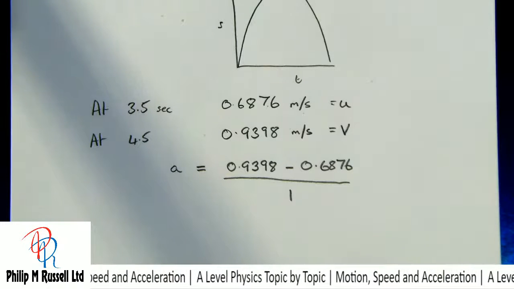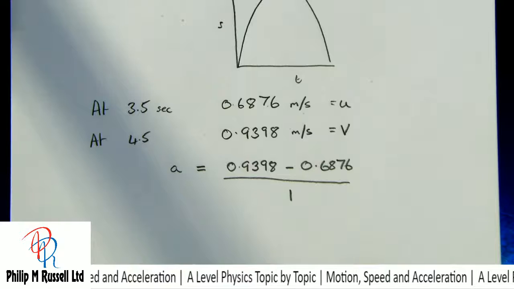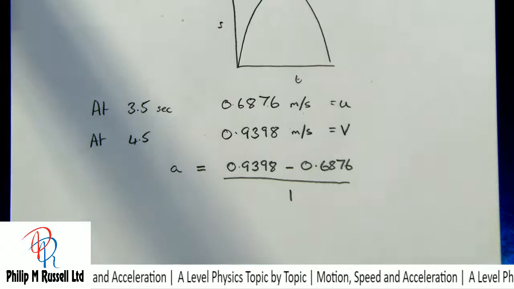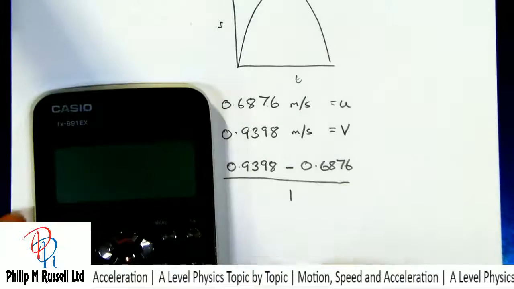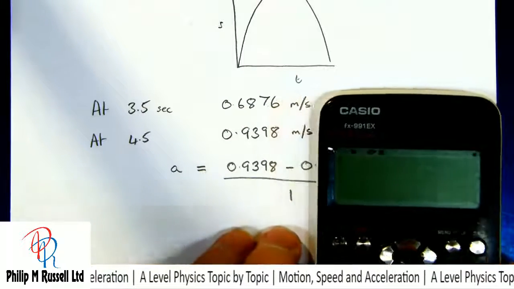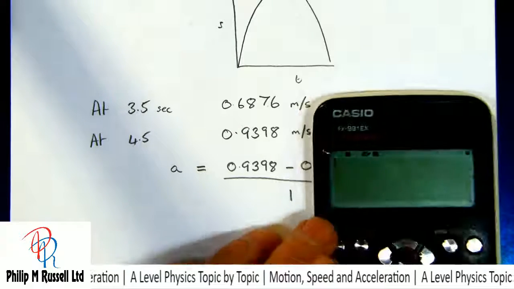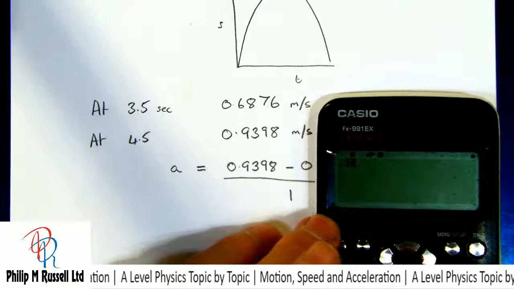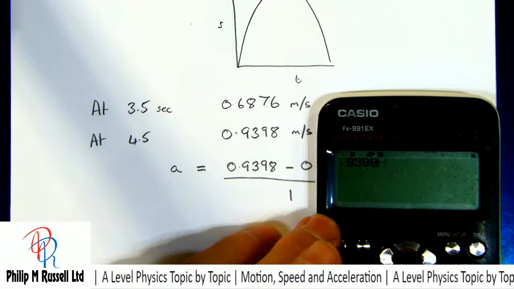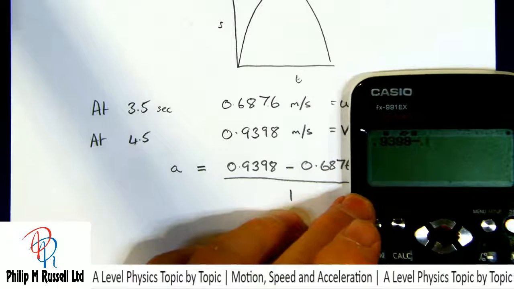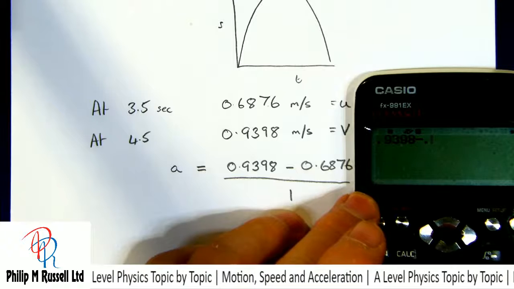So I've hidden the software to show the calculator. And we can calculate this: 0.9398 minus 0.6876.